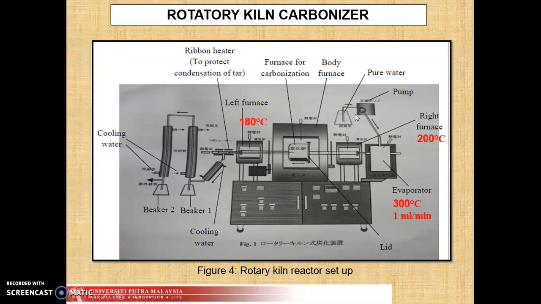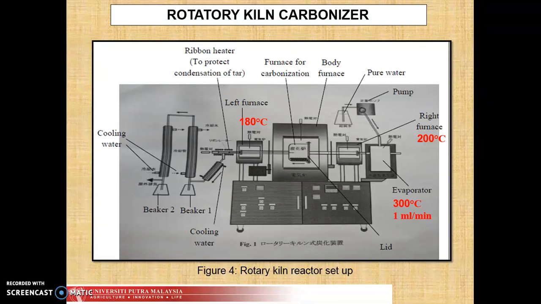Deionized water will be pumped into the evaporator. The evaporator at 300 degrees Celsius will convert the deionized water into superheated water vapor. The superheated water vapor flows into the right furnace, and then it flows into the reactor.